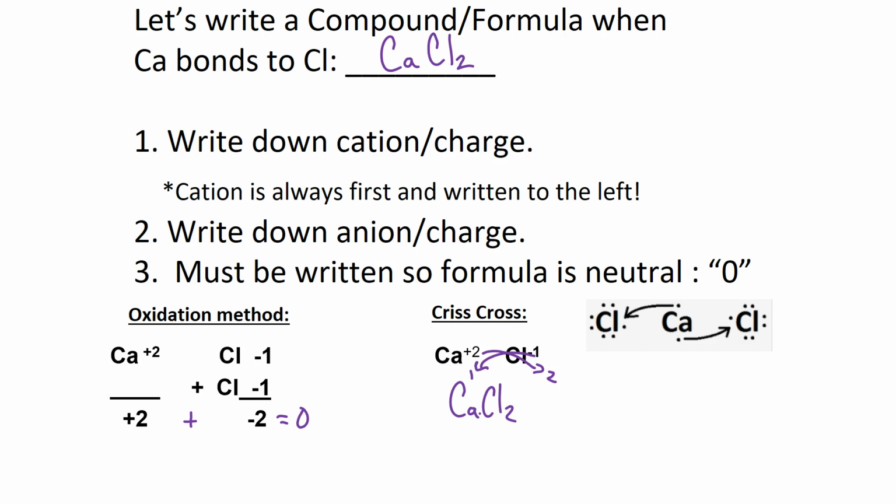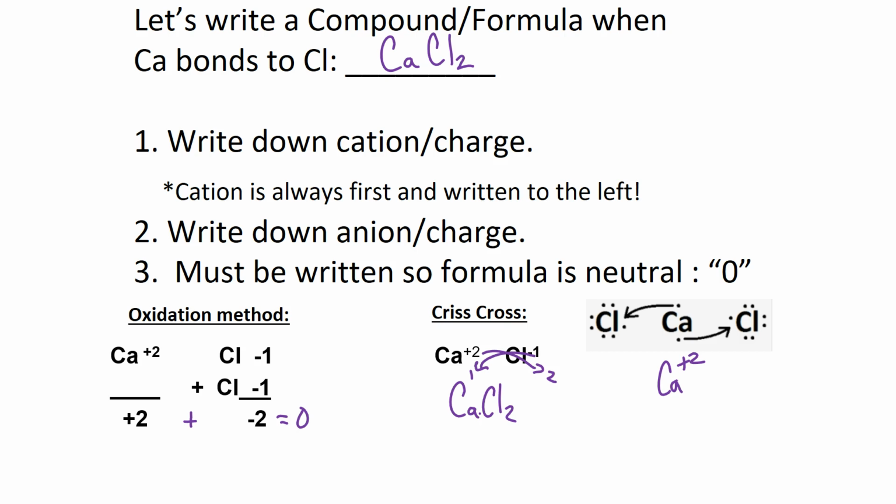Now, in terms of electrons, what happened? Calcium forms a positive ion by getting rid of its electrons in the outer shell. So calcium loses its 2 electrons and forms a +2 ion.